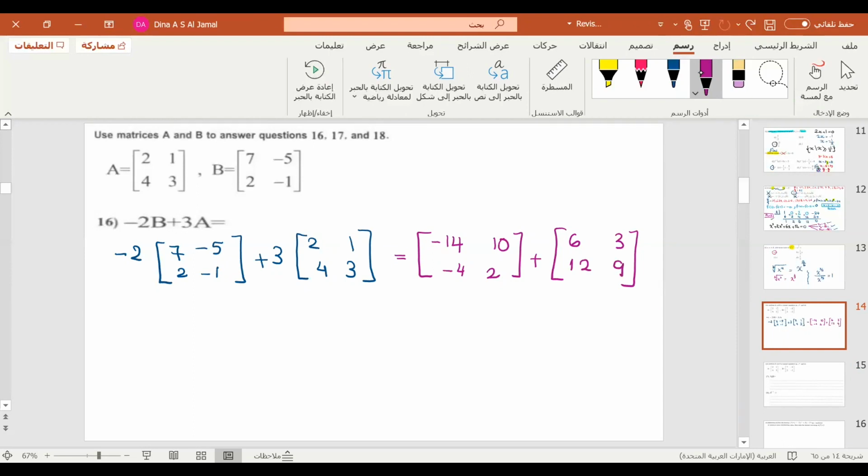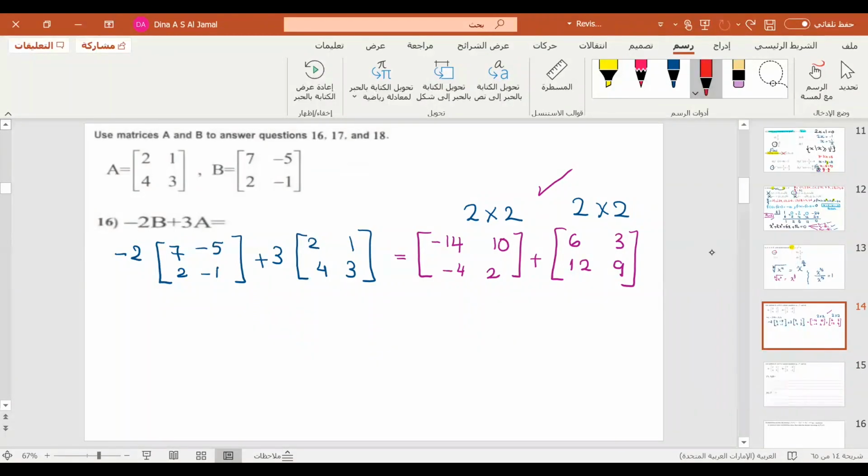Now, whenever you would like to add, first of all, you have to check whether they are having the same dimension or not. So 2 by 2, and the other dimension is 2 by 2. Excellent. That means same dimension, I can add.